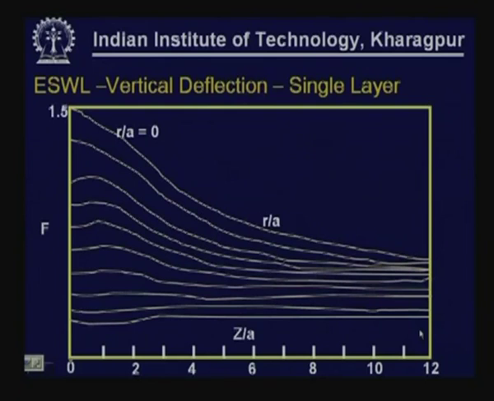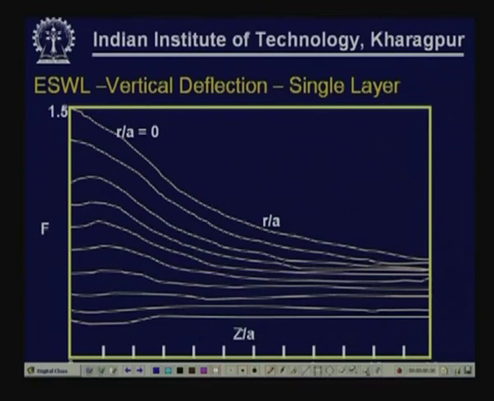R is the radial distance from the center of the load, and Z is measured from the pavement surface. We have charts of this type available for computing vertical deflection factors as a function of depth, expressed as the ratio of z by a, where a is the radius of load contact area, and also as a function of radial distance.